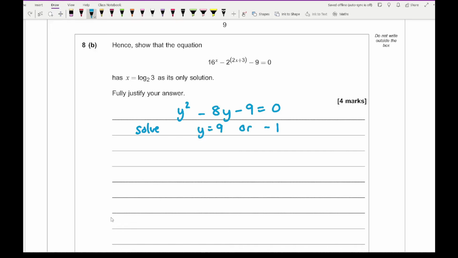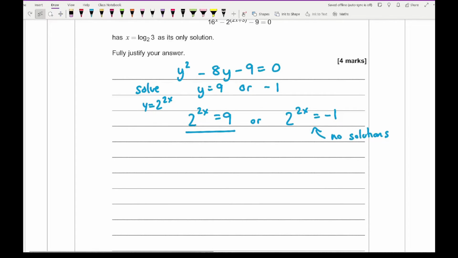So substituting our y back in, we know that y equals 2 to the power of 2x, so that means that 2 to the power of 2x equals 9, or 2 to the power of 2x equals minus 1. Now for this there are no solutions, so we're only working with this.